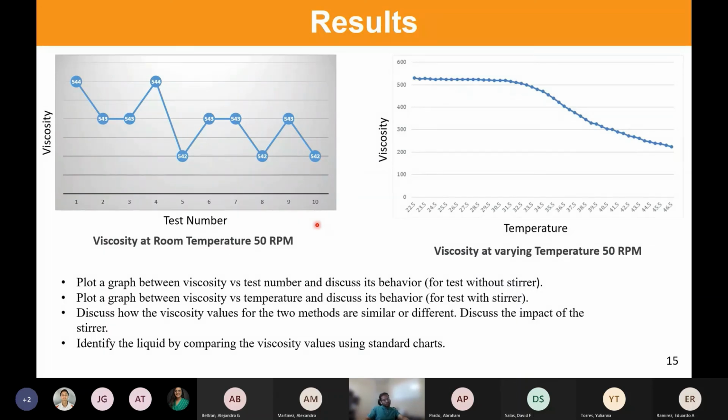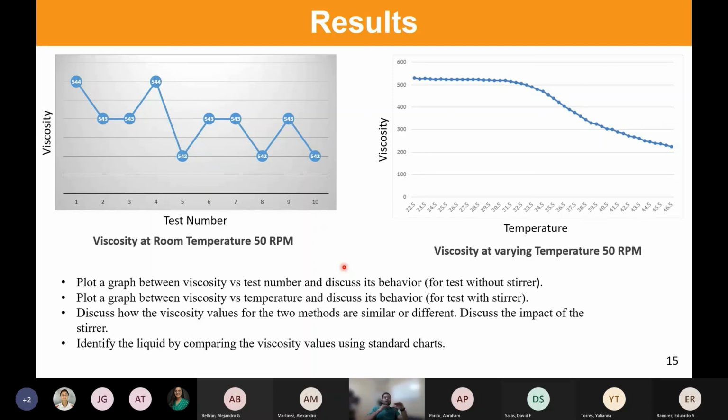Then comes the second stage of your experiment, where different temperatures are being used. So I will ask for a curve of viscosity versus temperature. Okay, and you have viscosity versus temperature without the stirrer, and viscosity versus temperature with the stirrer.